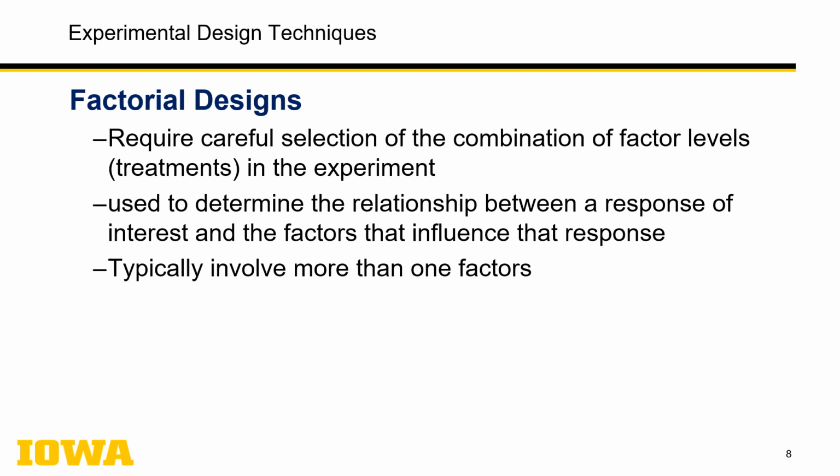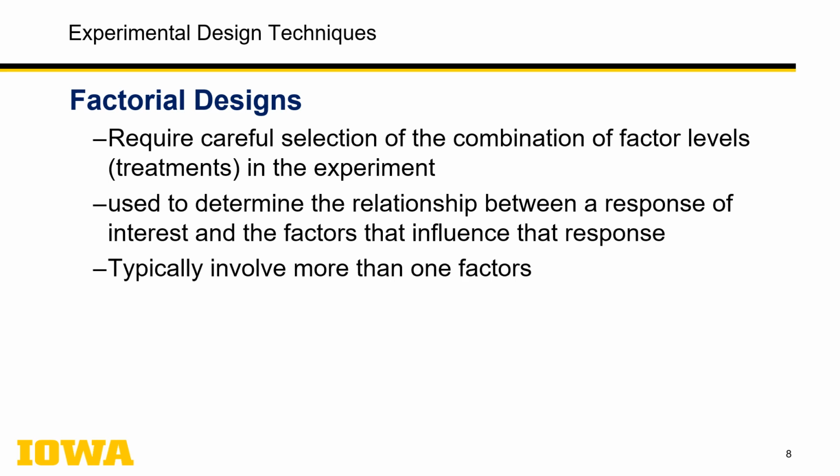Now in general, these approaches can be called factorial designs because we've been talking about these factors, right? They require careful selection of the combination of the factor levels in the experiment, and they're used to determine the relationship between a response of interest, whatever that Y is, and the factors that influence that response.